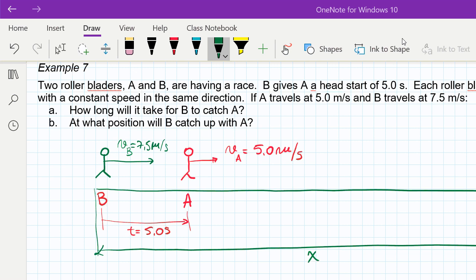They both will cover distance X, because A will have a head start and then B will start after 5 seconds.